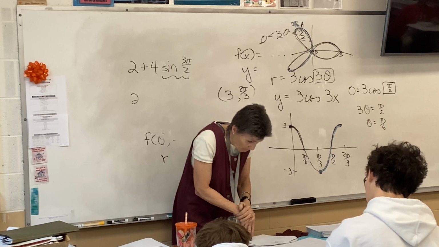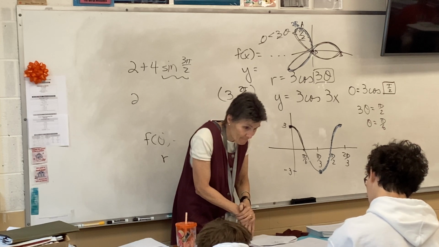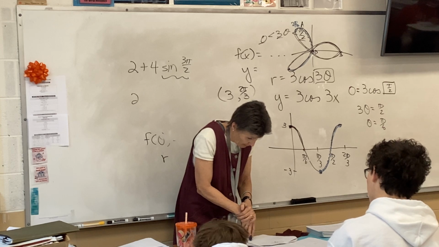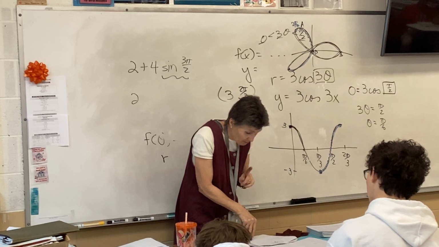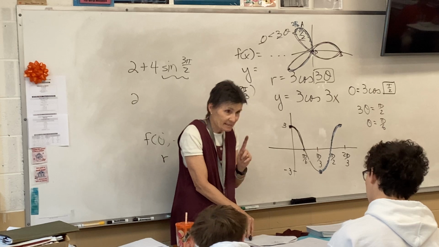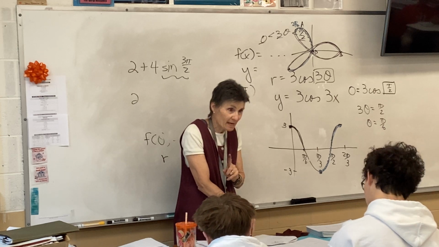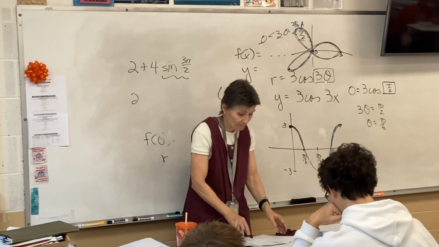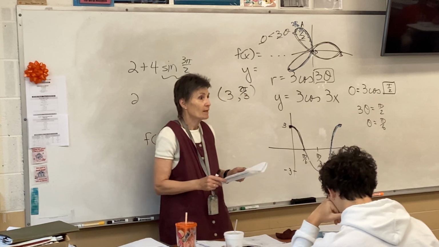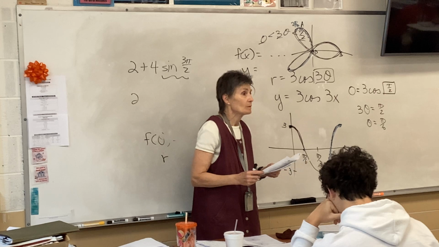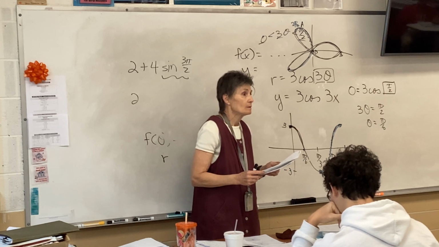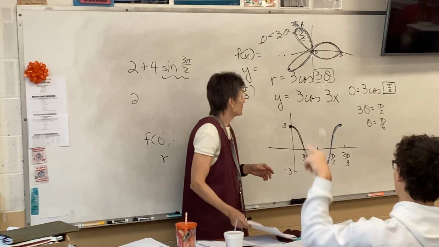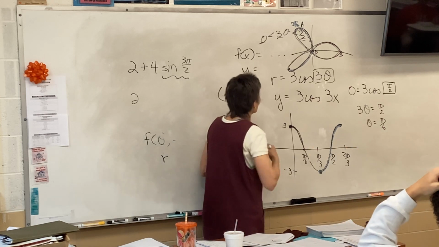One piece is from C to D. That's the answer for D2. So is it both? C and D? No, direction matters. C to D is different than D to C. How do you find, if it's C to D, how do you know that you're going this way instead of this way?